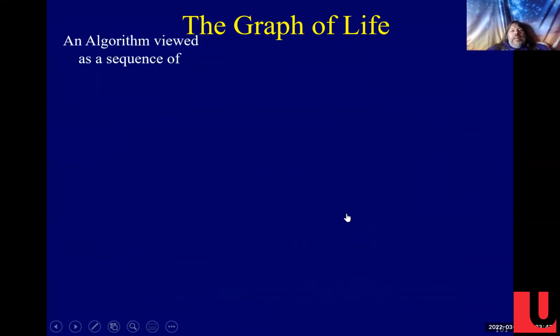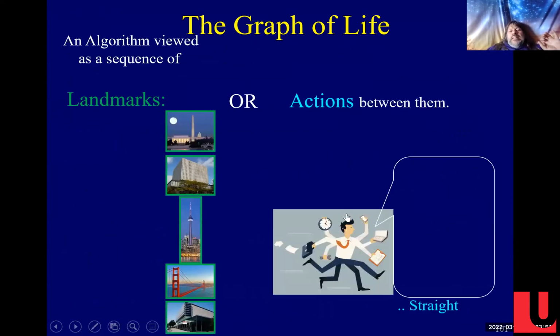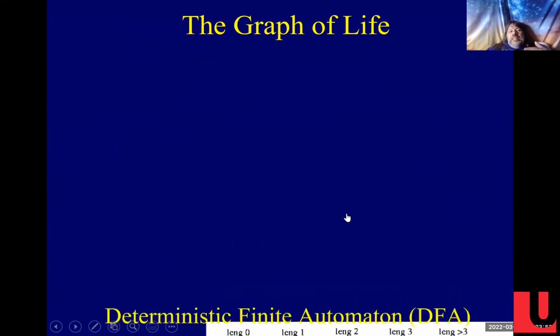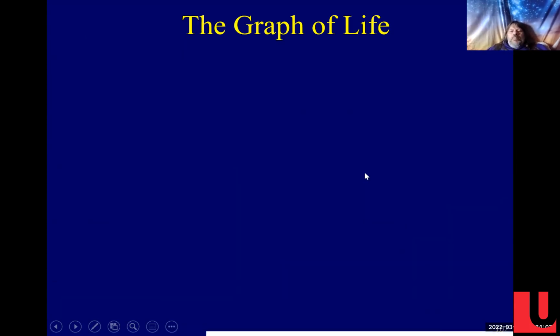You all know that. And also, we can be focusing on all these actions, but I prefer to focus on a landmark of what is true now. And from what is true now, we're now at this landmark, what action do we take next?